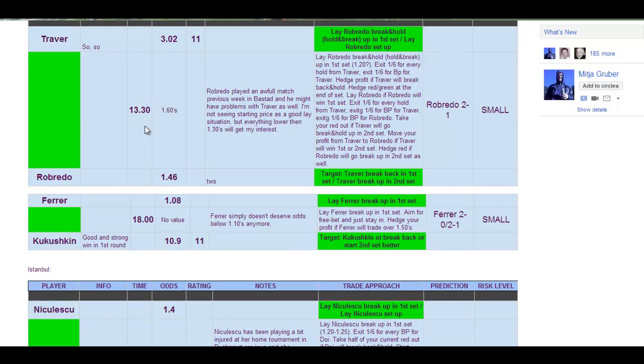Obviously these cover both the ATP and the WTA tournaments throughout the year. And the great thing about trading tennis, of course, is that you can virtually find a match for the whole 365 days a year.